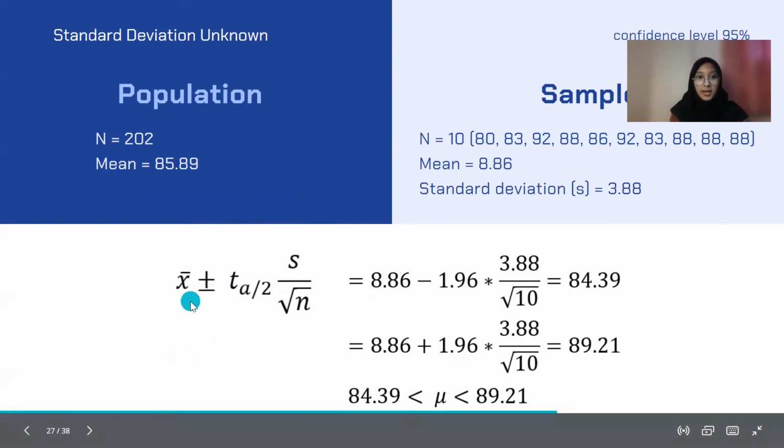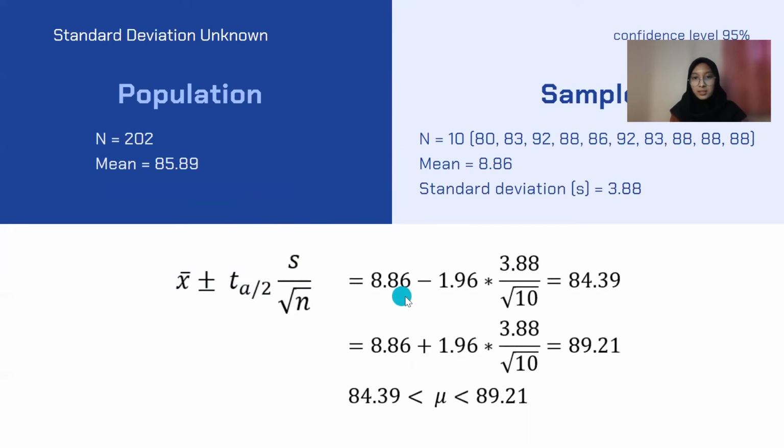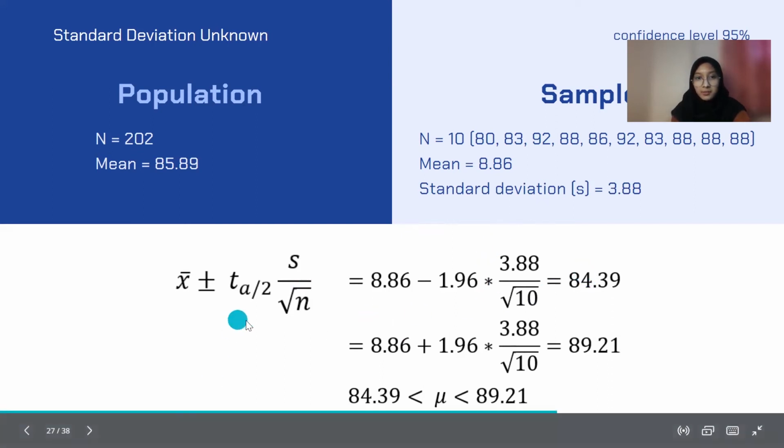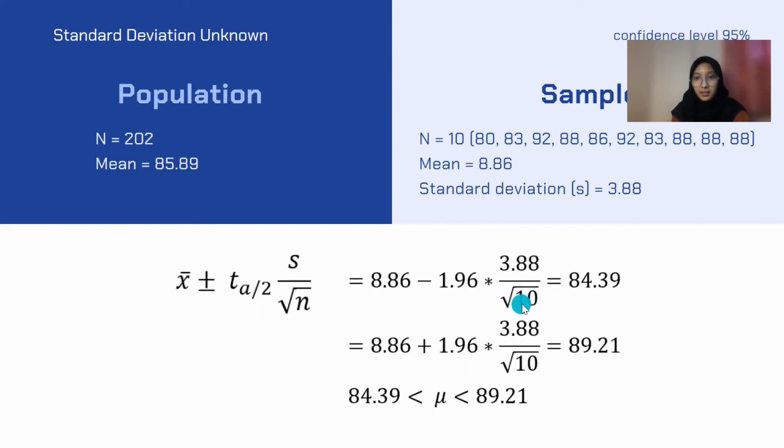We input x bar as 8.86 and the critical value 1.96 multiplied by the standard deviation of the sample, 3.88, divided by the square root of n. N is 10 here, and the first is subtraction, and we will find the lower bound limit, 84.39.